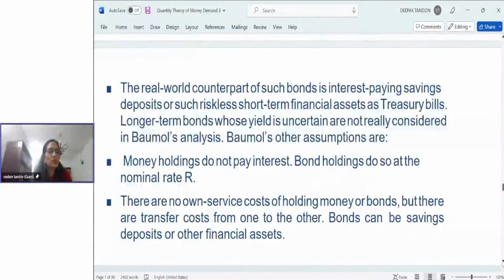This transfer cost is also known as brokerage fees. So you have to minimize your opportunity cost, you have to minimize your transfer cost, and you should look for gaining by investing, at the same time creating the right kind of balance between cash and bond. So this is also known as cash and bond balance or inventory theory. Okay.